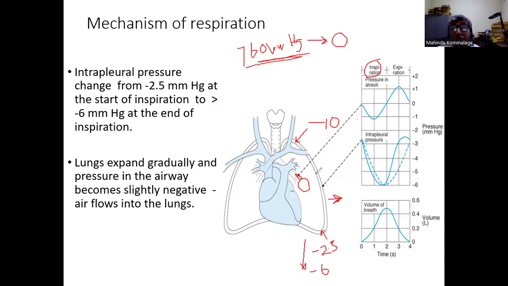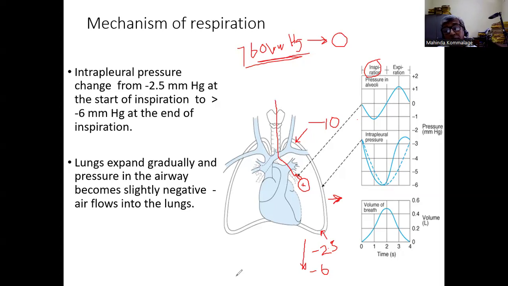So in the intraalveolar pressure, when it gets to -1, that means lower than the atmospheric pressure, what should happen? This pressure is below the atmospheric pressure. And remember, it's connected all the way to the trachea and outside, to the external world.